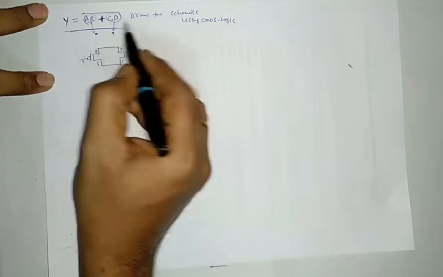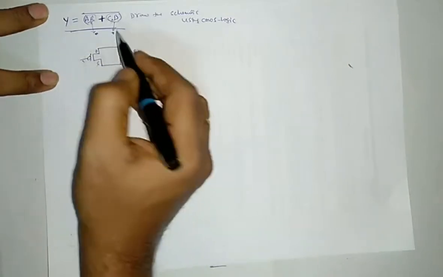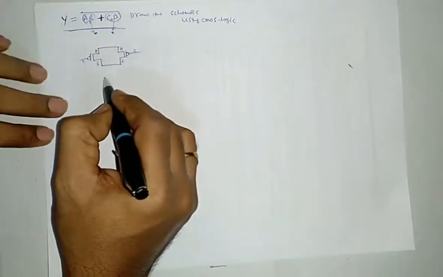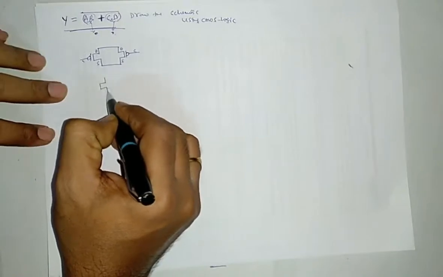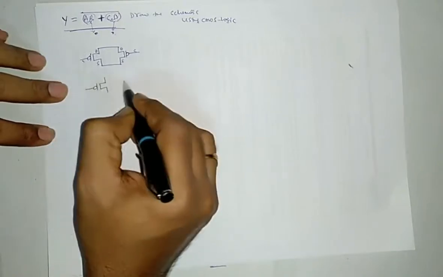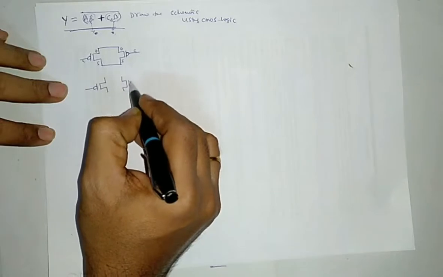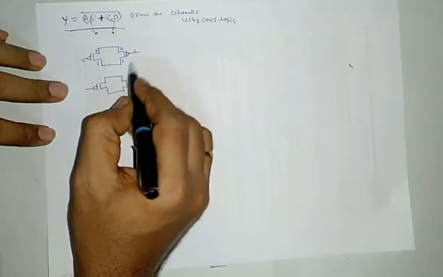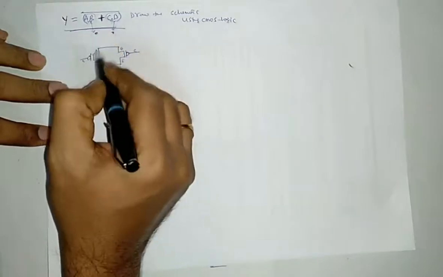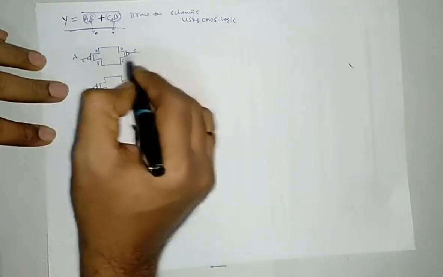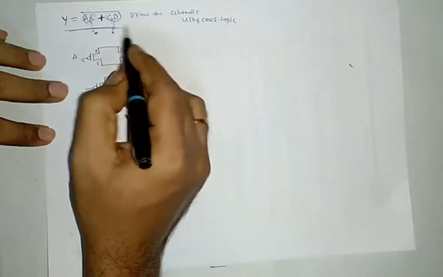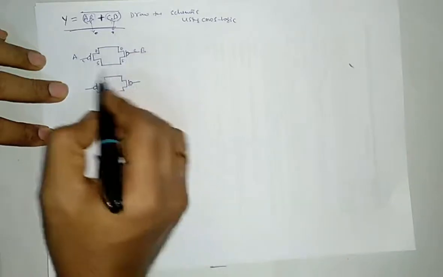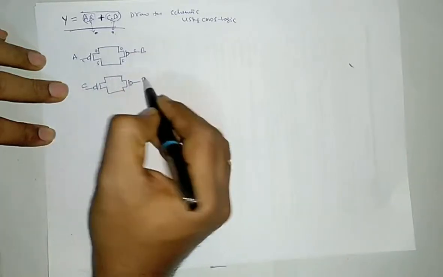Then CD is also a product term, so you have to draw another two PMOS transistors in parallel to generate this product term. For these two transistors, inputs are A and B. For these two transistors, inputs are C and D.